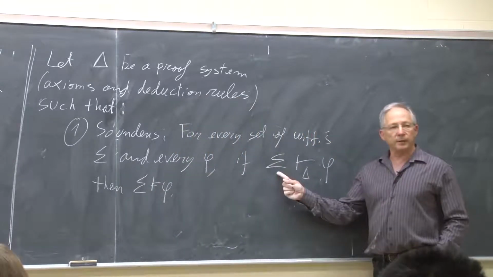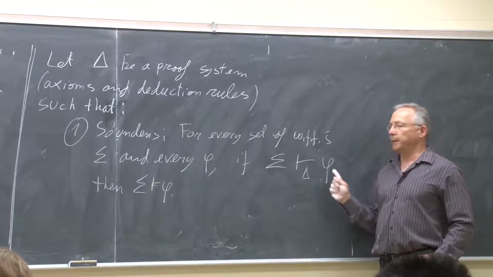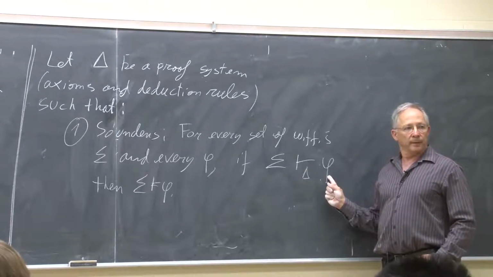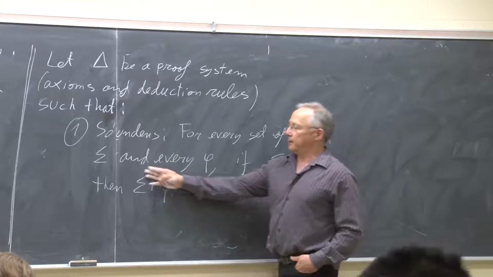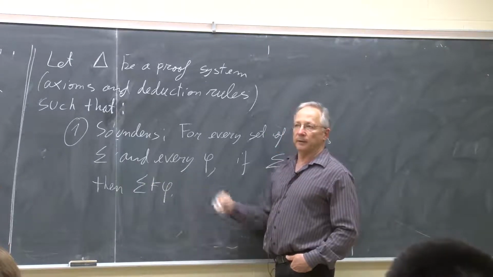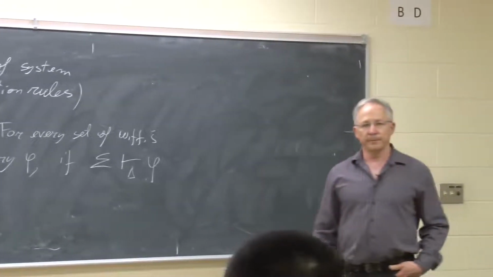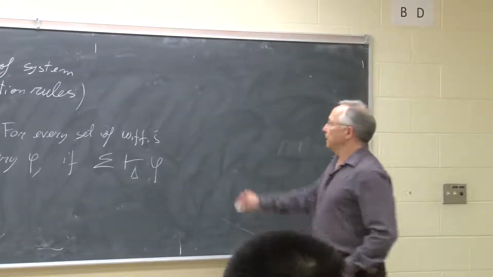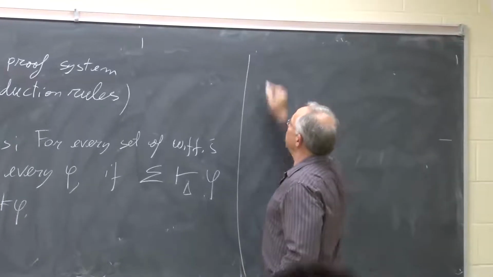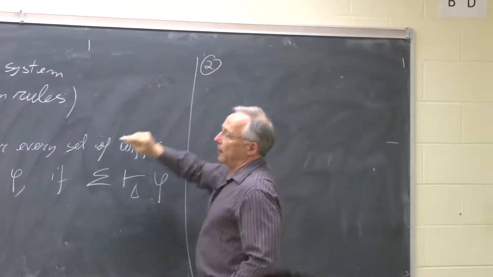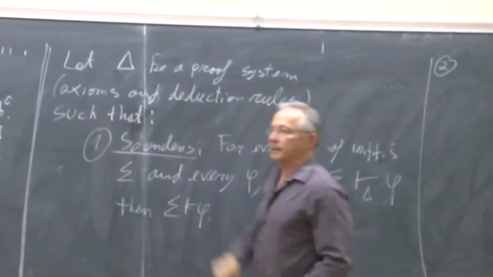If from the assumption sigma, using my proof system, I can prove phi, it means that every structure that satisfies sigma should also satisfy phi. This is the same soundness that we had in propositional logic. Okay? Requirement 2, I want to have completeness.